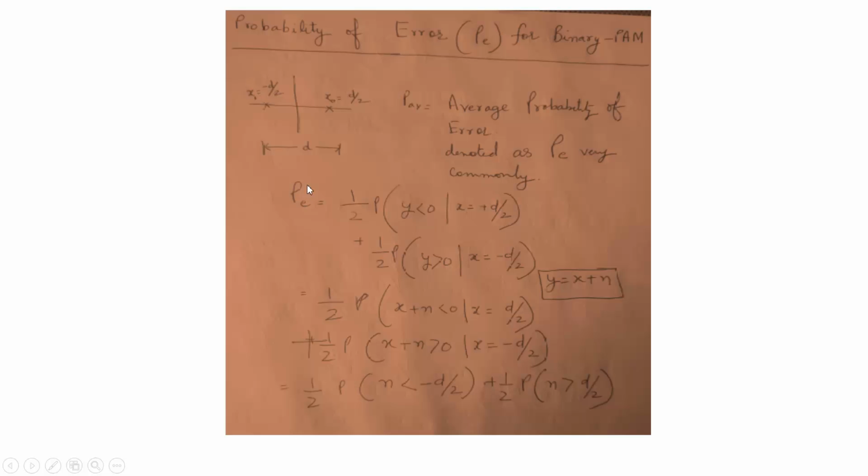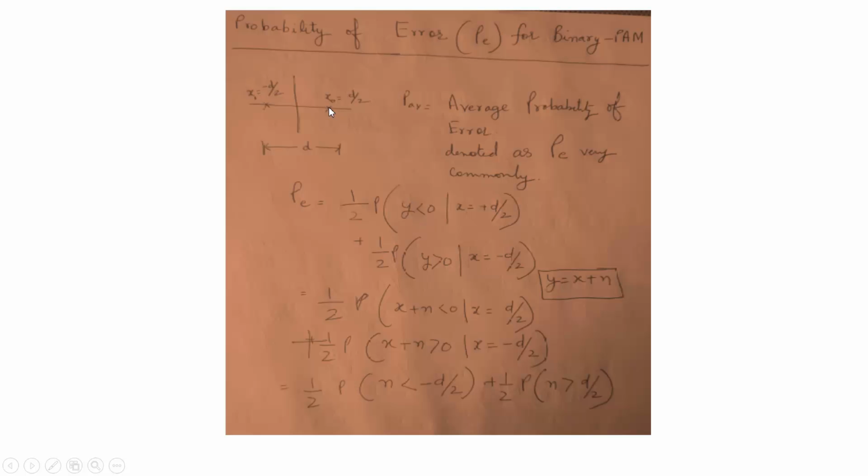Now, what is probability of error? When will we make the error? If one of the points is transmitted from the transmitter side, we will receive a signal at the receiver end. Let us say that the received signal is y.